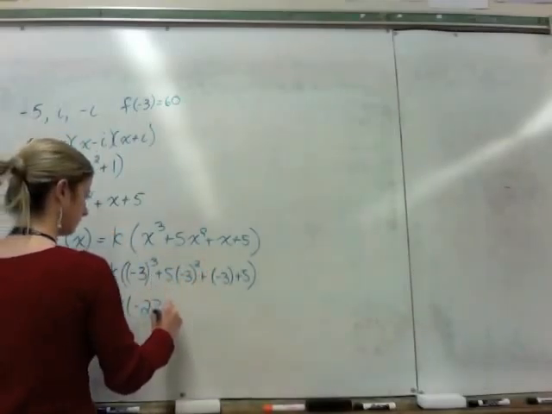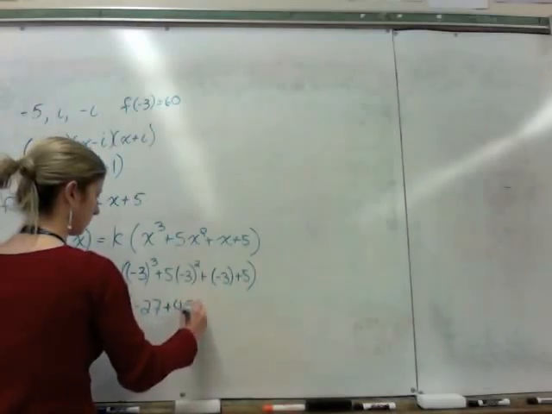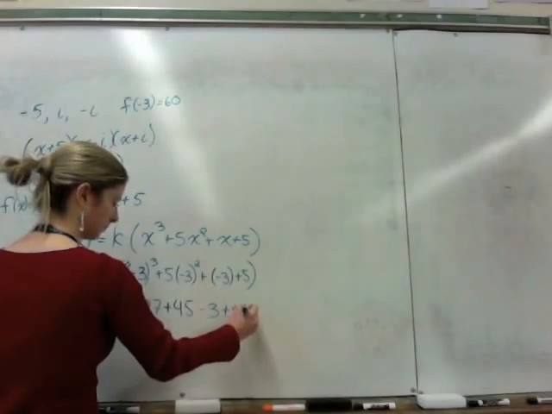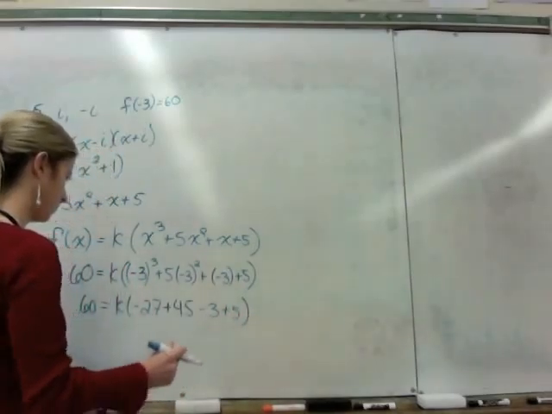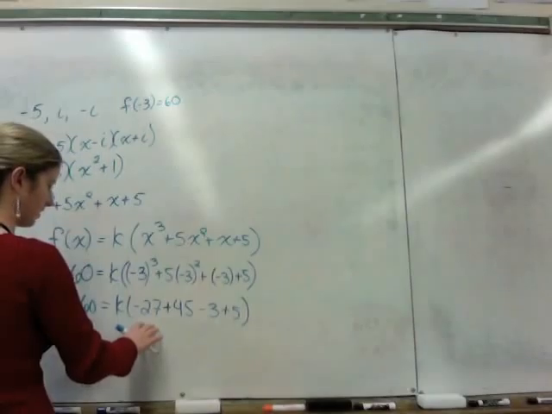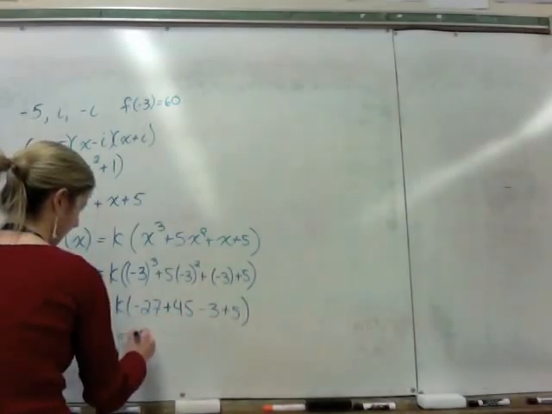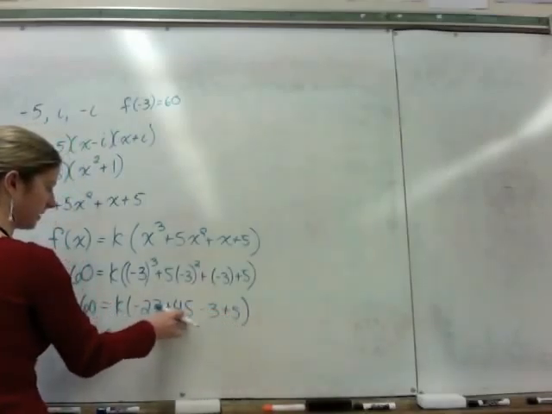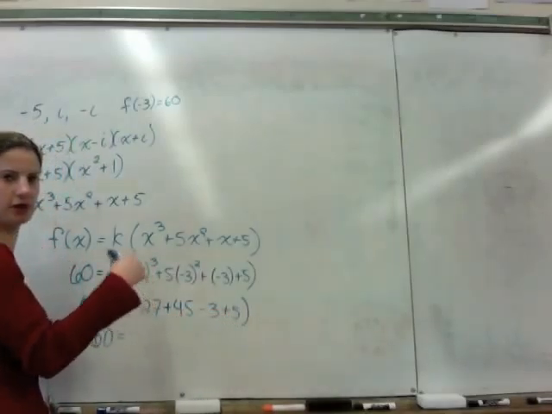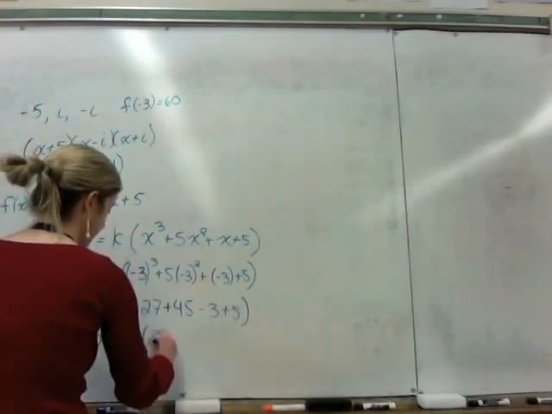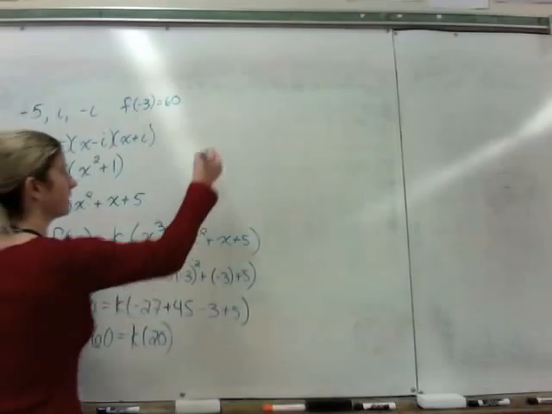Plus 45, minus 3 plus 5. So quick math here. This is negative 27 plus 45, that's going to be what? Negative 30, and then this becomes 50. So negative 30 plus positive 50 is 20. So it becomes k times 20. Divide both sides by 20.